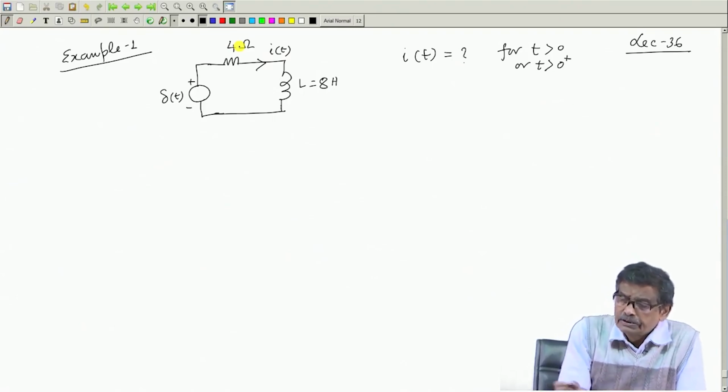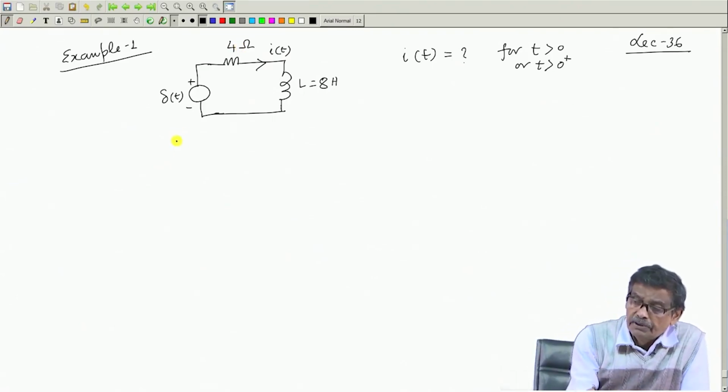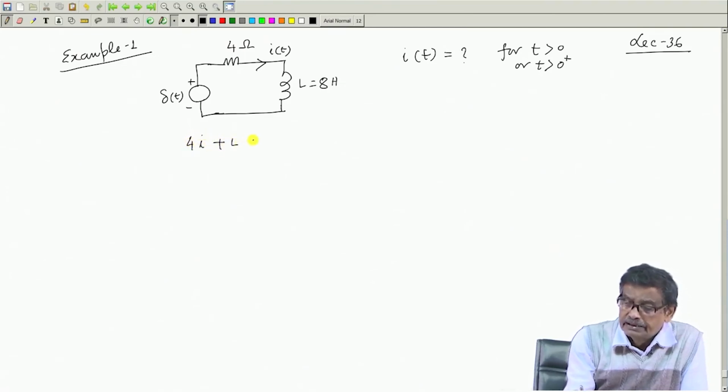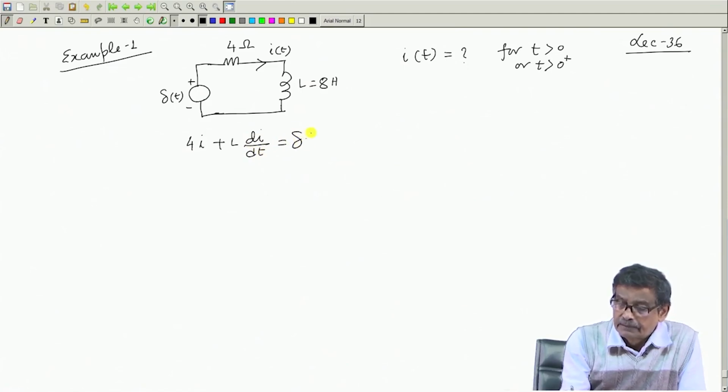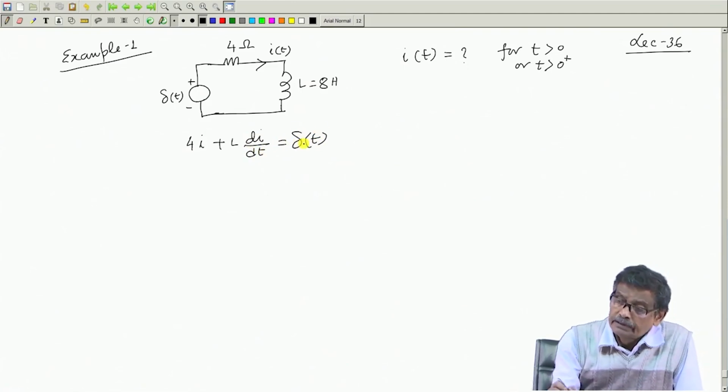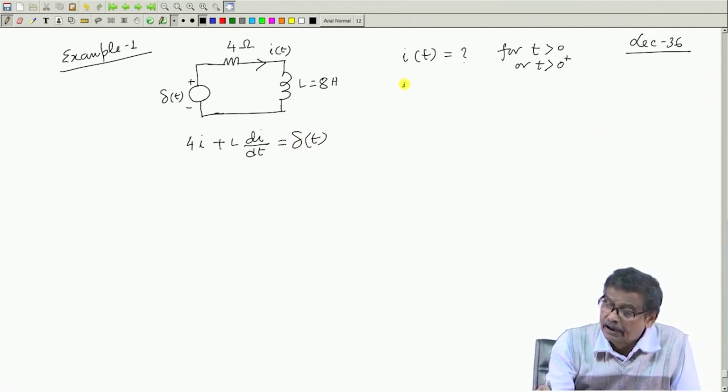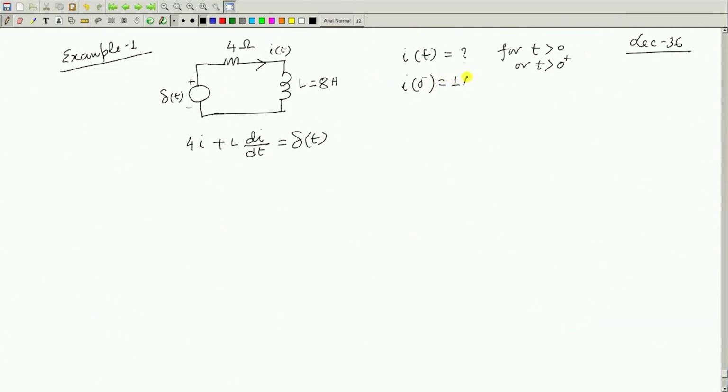So, the equation of the circuit will be R I plus L d I dt is equal to delta t. And suppose it is given that I 0 minus is equal to 1 ampere.